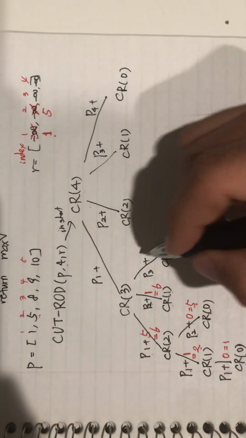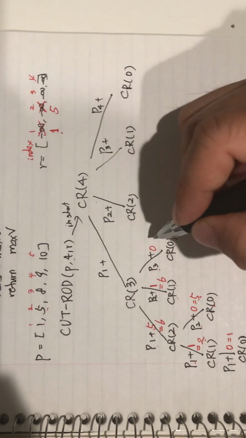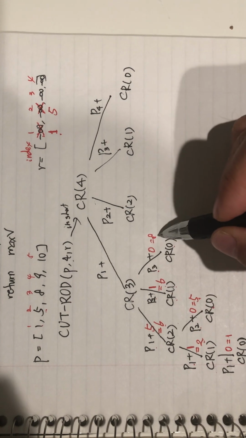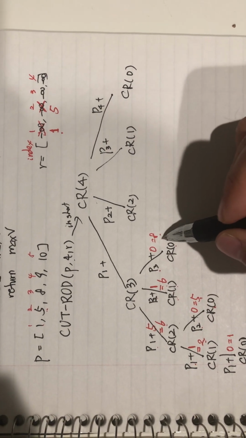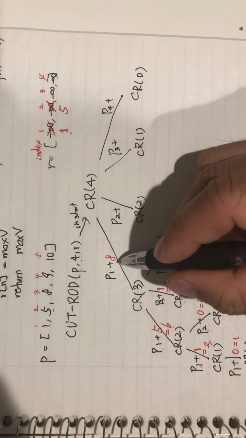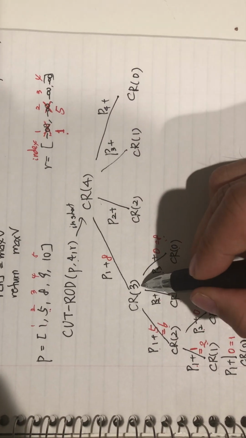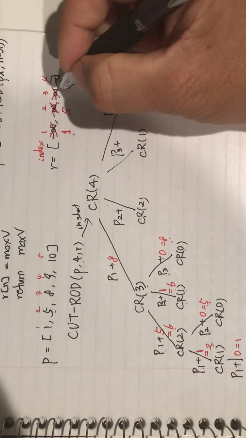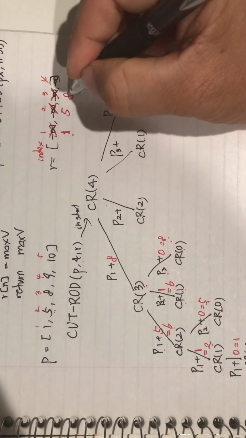And then CL0 returning 0, along with P3, it is 8. Now you have 6, 6, 8, and then you choose 8, maximum value, return 8. But before returning this 8, CL3 saves its own value in R. So this one saves 8.